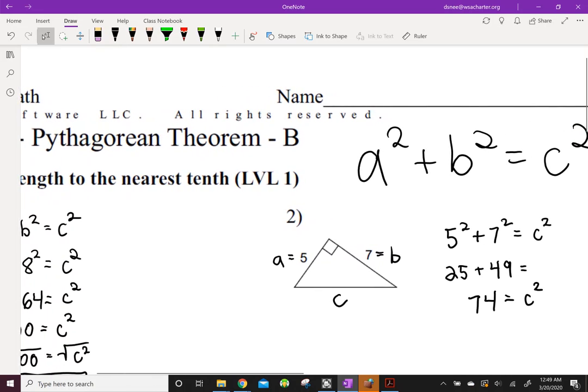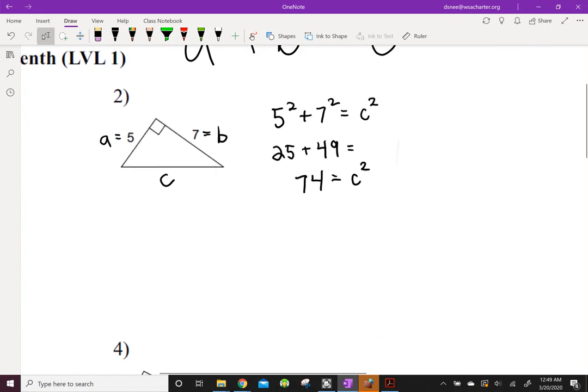It says round the answer to the nearest tenth. So we're going to type second square root, or x squared, 74, enter. It's going to be 8.6 to the nearest tenth, because it was 8.60.